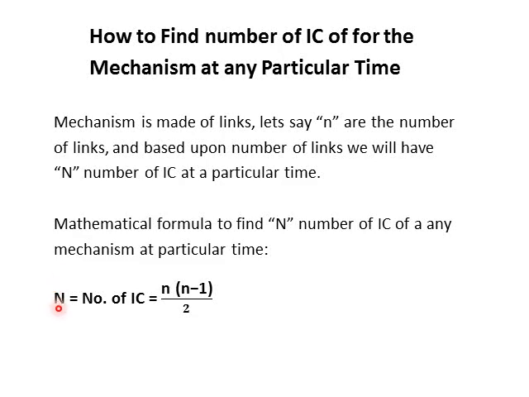We have this formula: capital N, the number of instantaneous centers, will be equal to small n, the number of links, multiplied by n minus 1, bracket close, divided by 2. So by this formula we can know the number of instantaneous centers for a whole mechanism at any particular time.